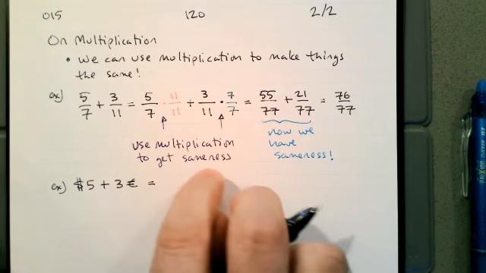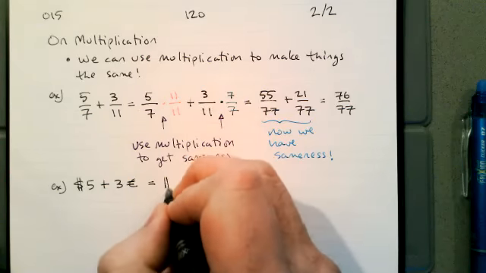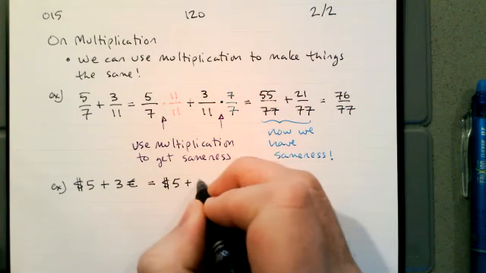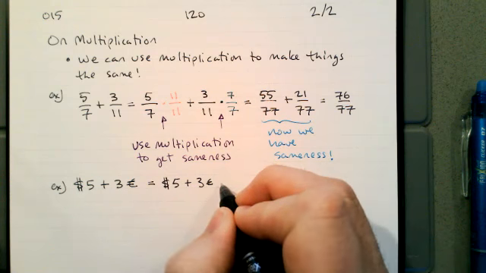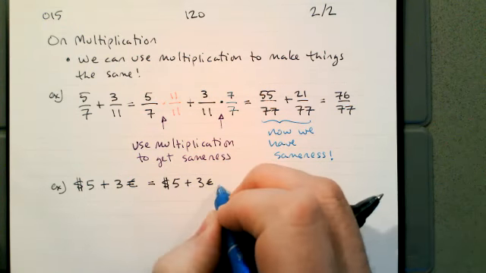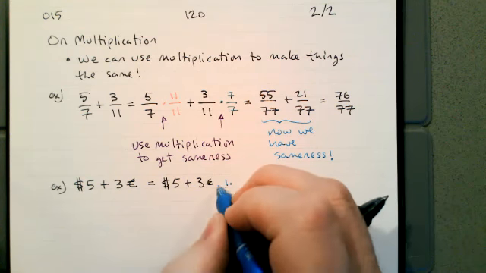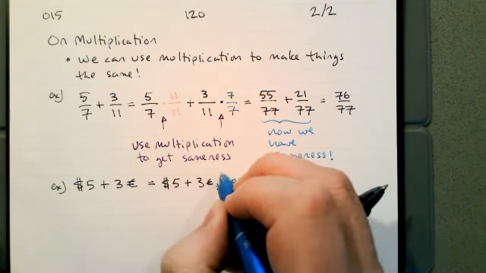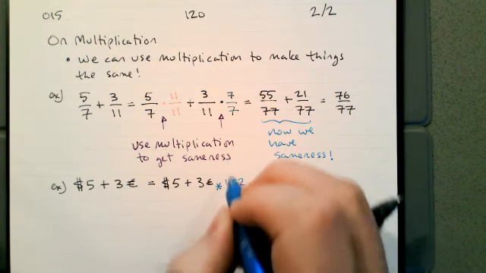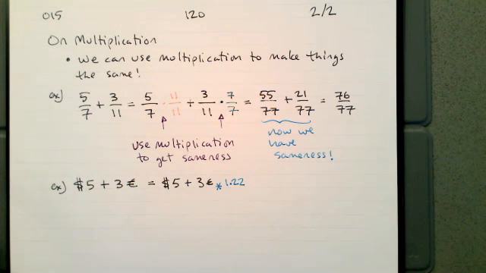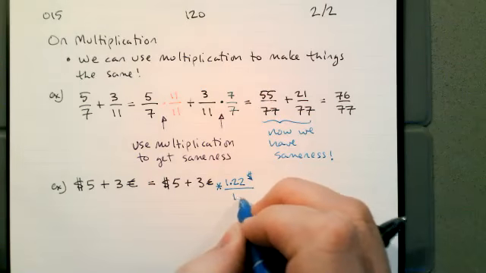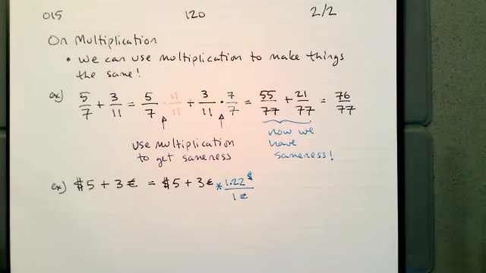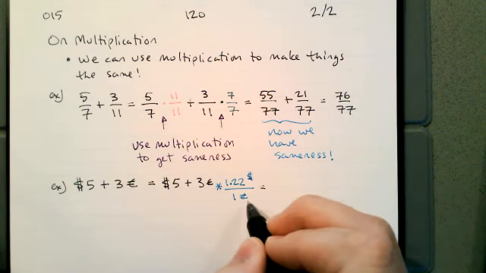So I'm going to use multiplication to get sameness. $5 plus €3, and I'm going to multiply the euros by $1.22 per €1. So 5 plus the 3 times 1.22, that converts our euro into dollars.